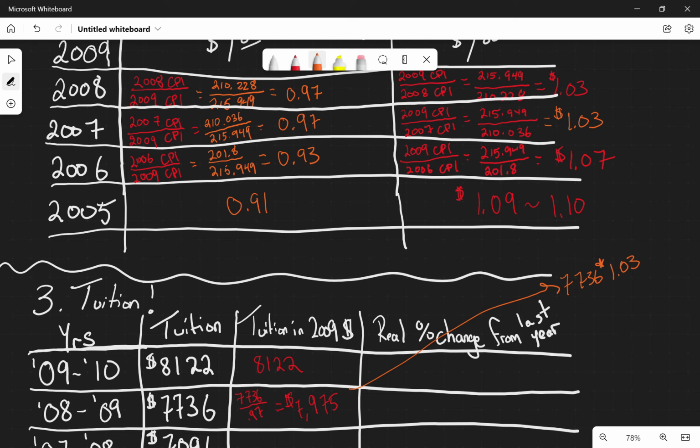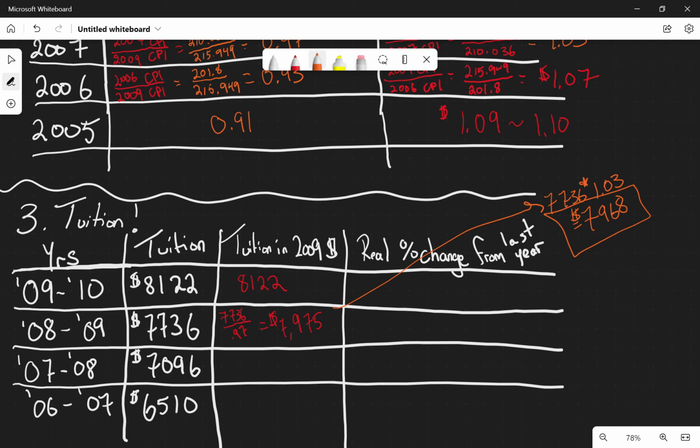And again, that has to do with the fact that there was some rounding going on. As long as your answer was somewhere in that range, between 79.50 and 79.99, you should be good to go.